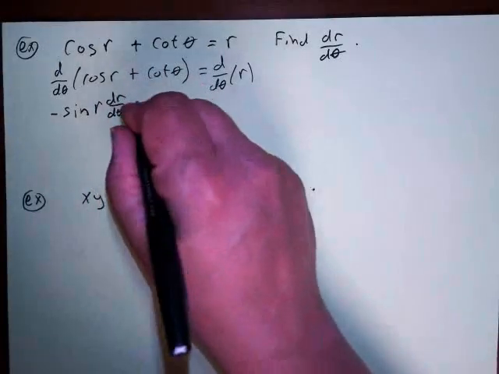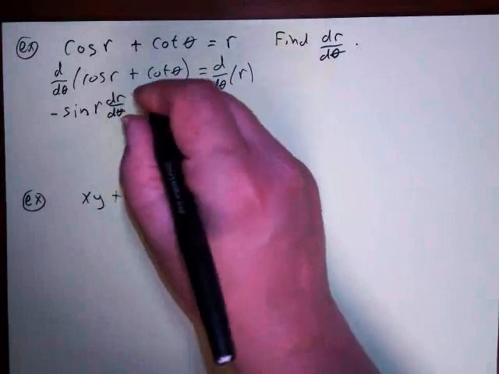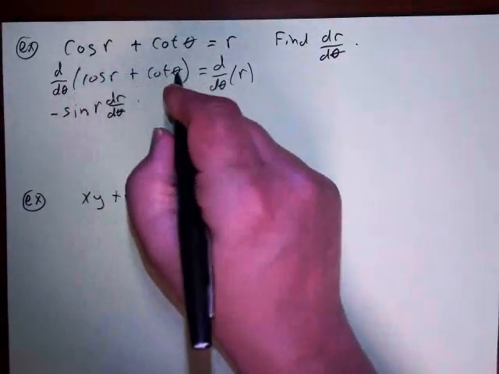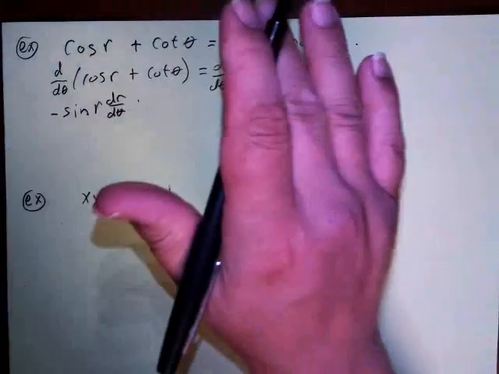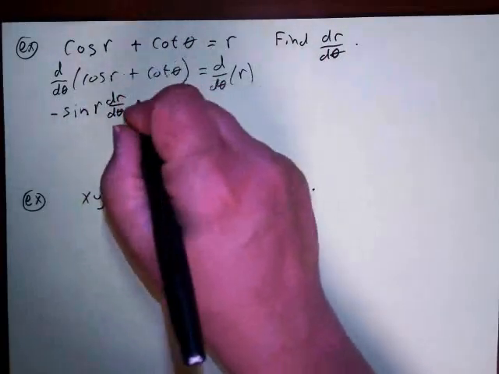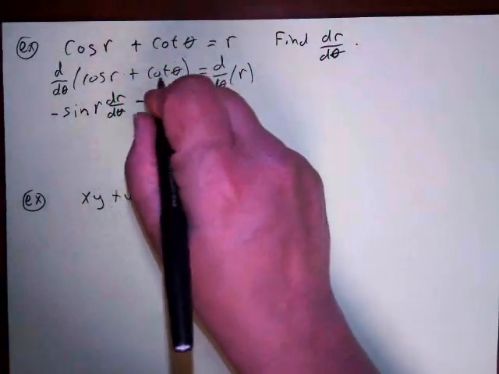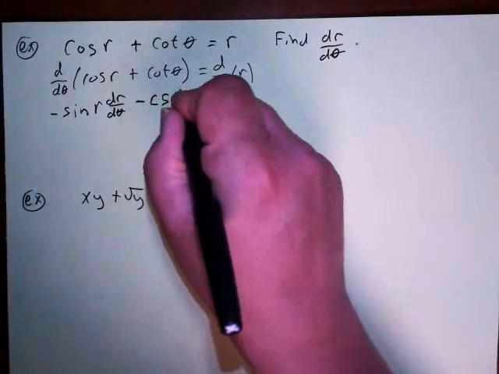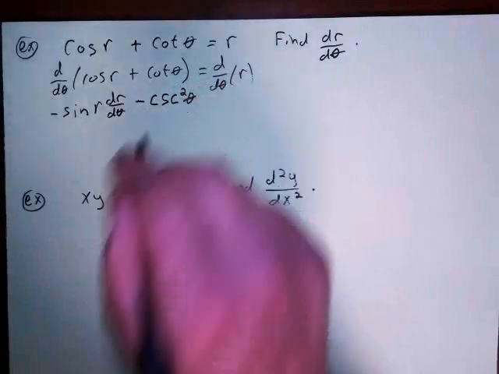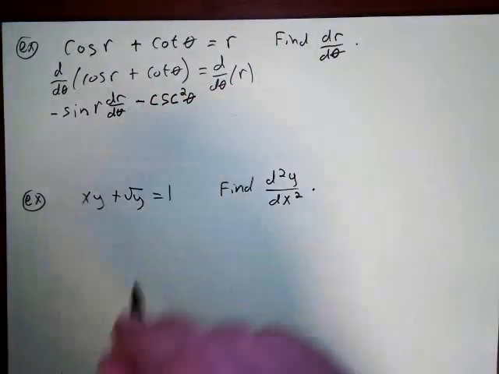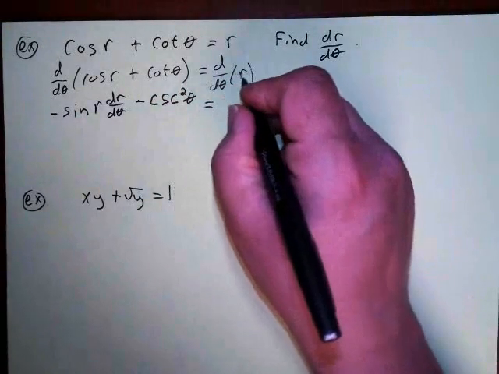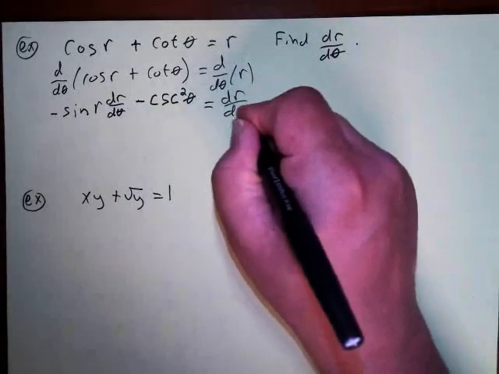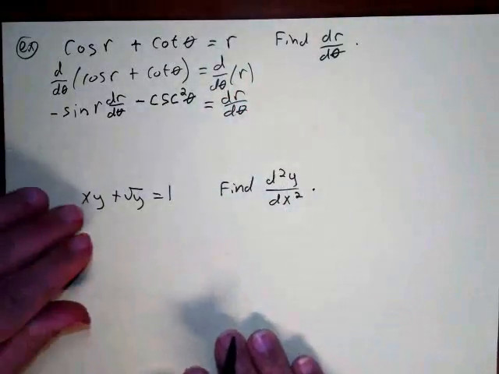And then this here is d/dθ of cotangent of theta, so I'm just using the rule for cotangent of theta, and if you go back and look, the derivative of cotangent was the opposite of the cosecant squared of theta, so it would look like that. And then d/dθ of r is just dr/dθ, so it would look like that.